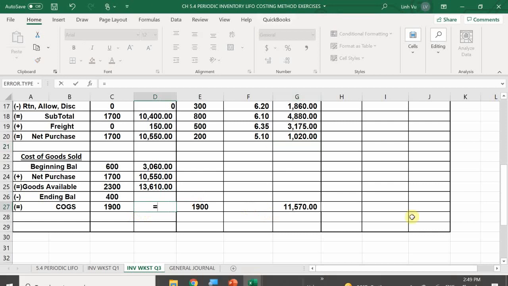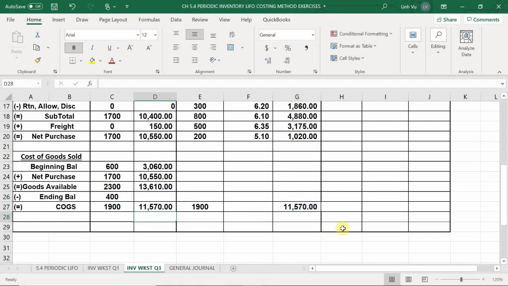So if I have a grand total of 11,570, how much is going to be my ending inventory? $2,040. 2,040. Excellent.